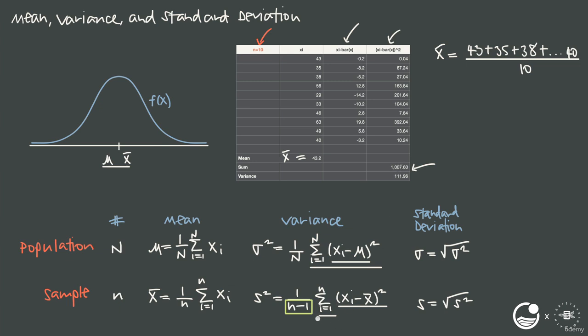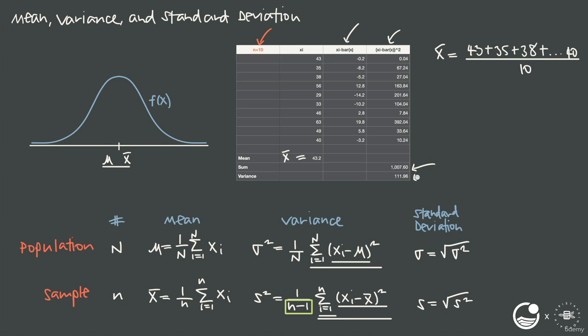Now we have the sum of all of our squared deviations, and then all we have to do to find variance is divide this sum of all the squared deviations by, and remember, n minus 1, because we have a sample, not a population, and when we find sample variance, we have to divide by n minus 1 to undo some of that bias.